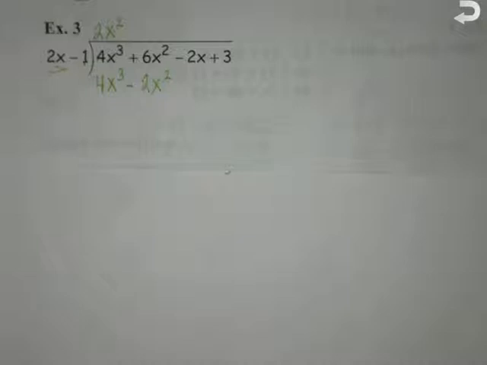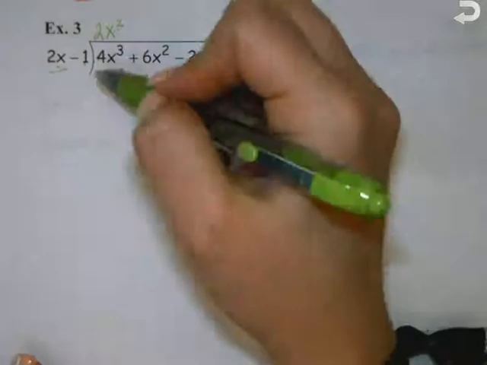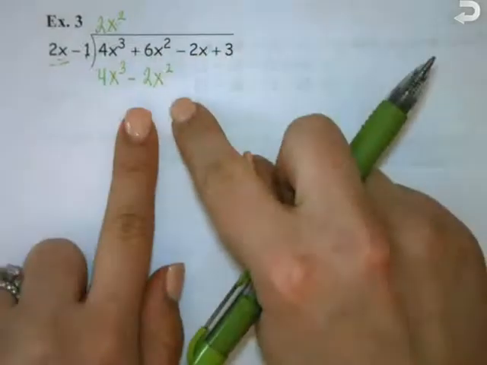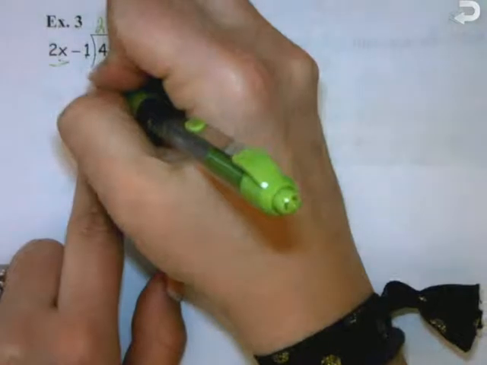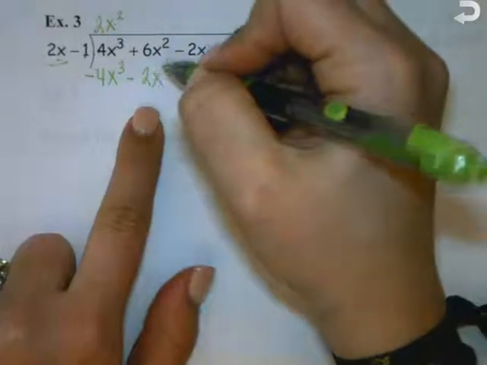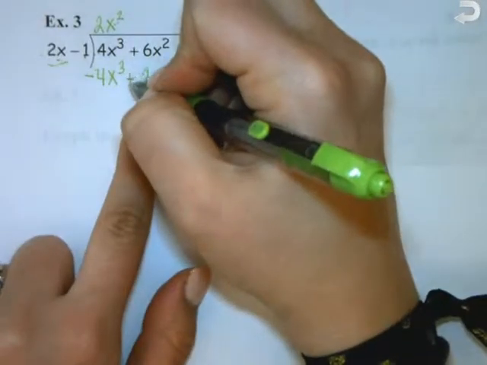Now, guys, think back on your long division that you learned in 3rd grade. After you multiplied, then what did you do? You subtract. So when we subtract an entire binomial here, that's going to change the signs of everything. So this becomes a negative, and negative 2x squared becomes a positive.